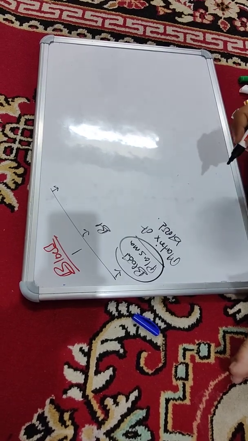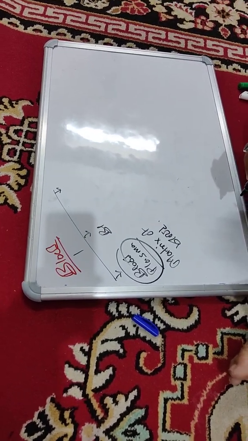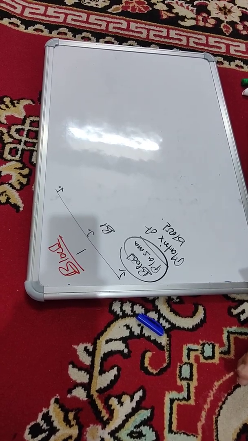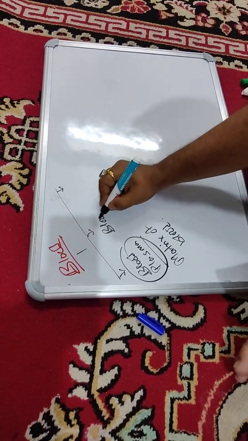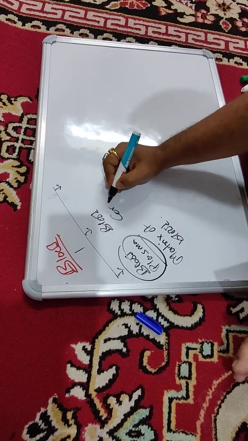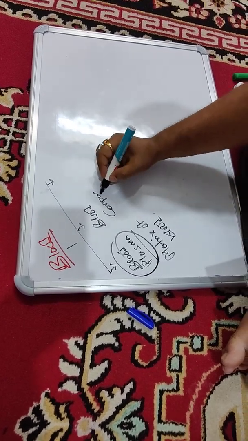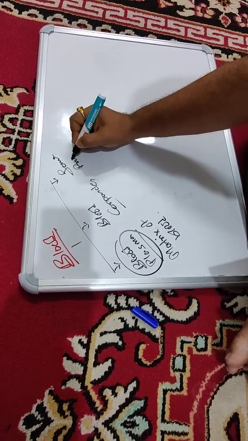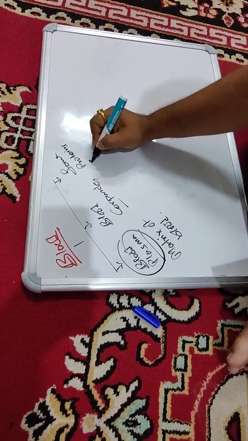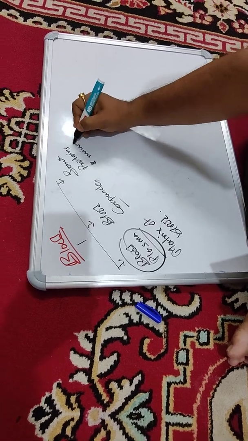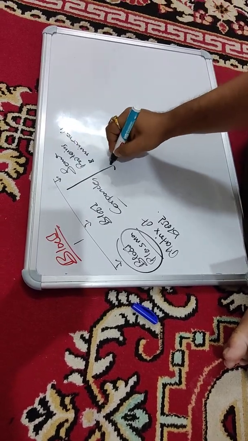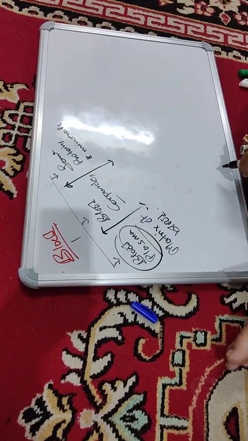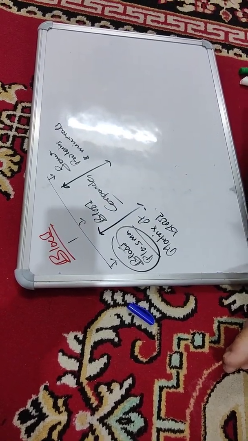Blood corpuscles, the blood plasma, and the blood corpuscles, and some proteins and minerals present in the blood. So these are the three basic components that form the blood.